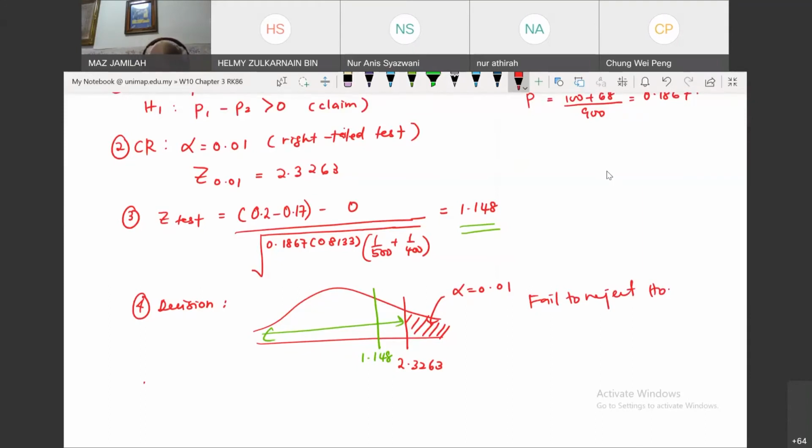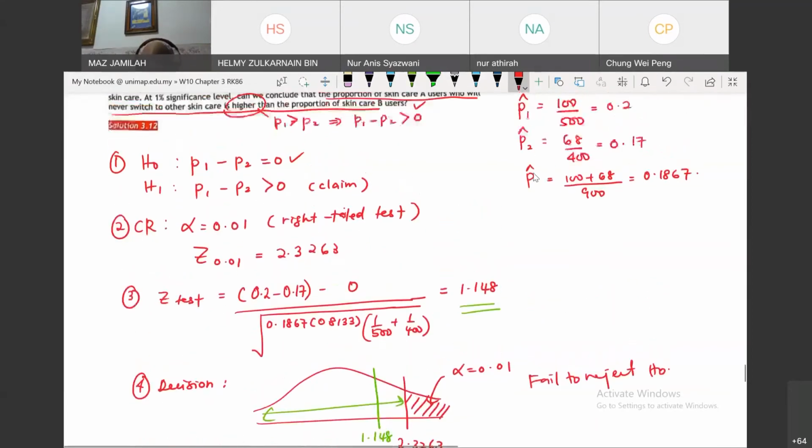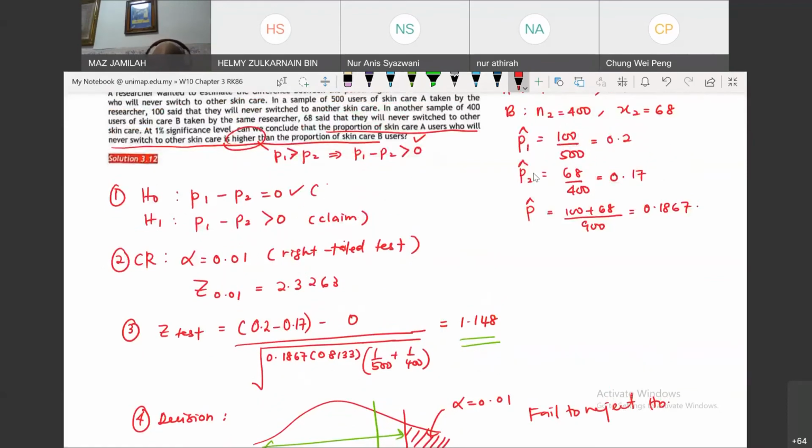Then number 5, conclusion. To save time, refer to your book. How can we say it? There is insufficient evidence. Why insufficient? Since we fail to reject the null, and we know our claim is the alternative, we don't have enough evidence to support our claim.